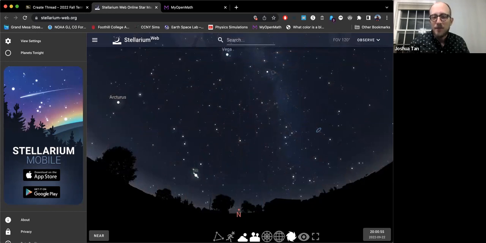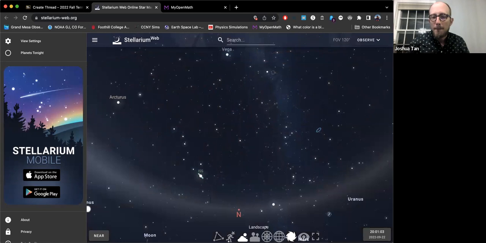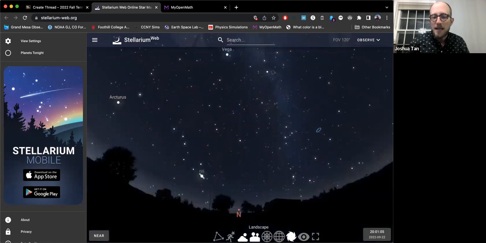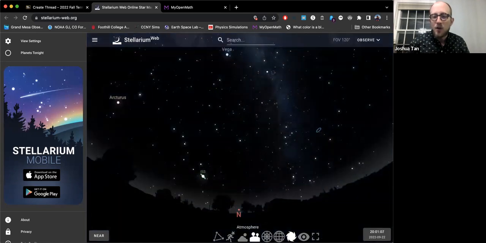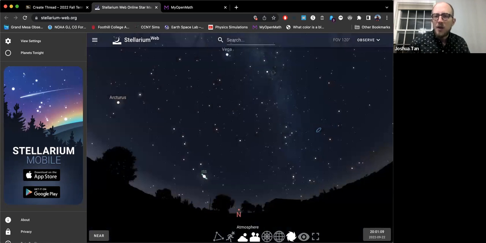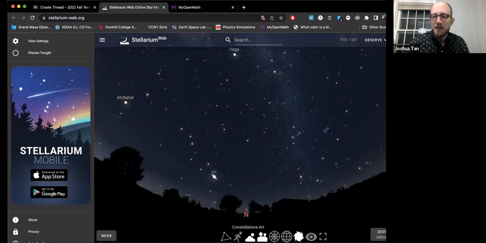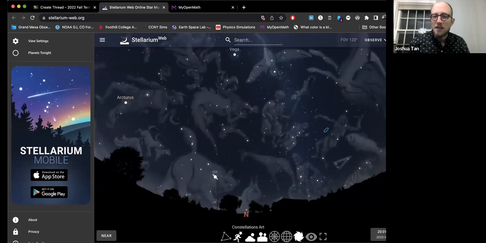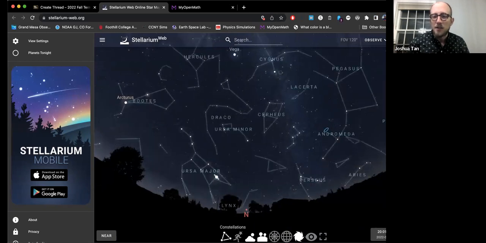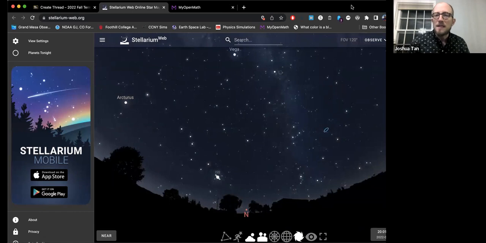And finally, I can do things like turn on and off the landscape. So let me see if I can do that here. That's the landscape on and off. I can turn on and off the atmosphere, usually a bit more useful during the daytime when it's sunny out. And I can even turn on constellations and off constellations. Those are all various things that you might find useful.